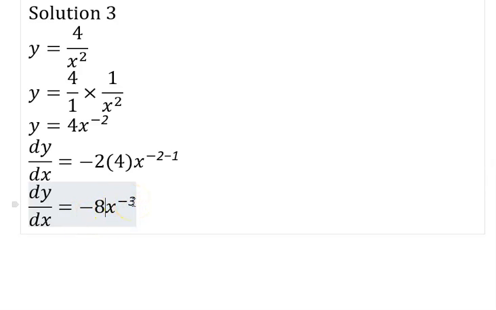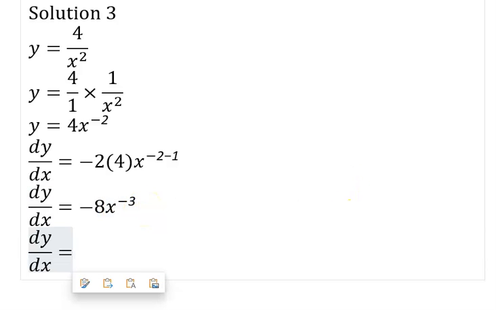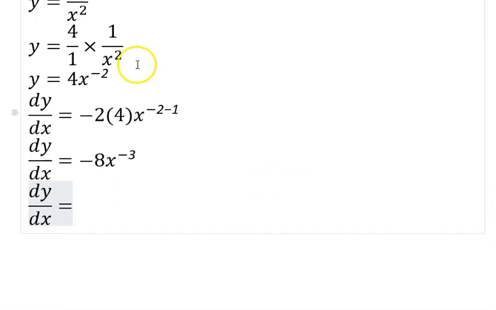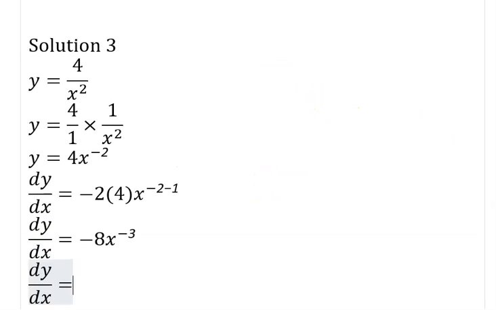You can leave your answer like this. You are still correct. And if you want to change it back to the other form, because I said x raised to the power -3 is still the same thing as 1 over x raised to the power 3, you are still correct. So if you want to change it back to that form, let's use this template.